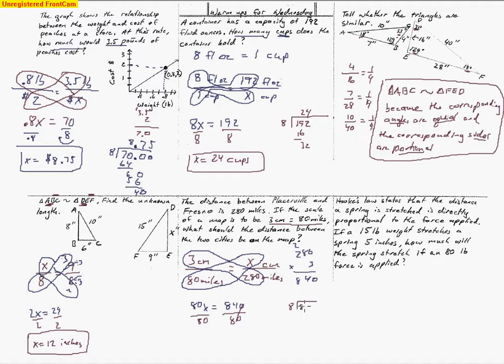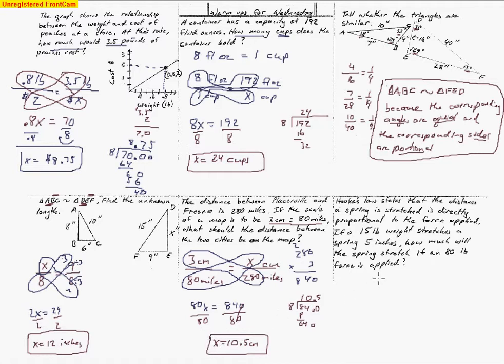So let's go ahead and do that. 8 goes into 8 one time with nothing left over, and 8 goes into 4 0 times. And so I'll add that decimal point, bring a 0 down, and do 8 into 40, and that goes 5 times. So 10.5 centimeters is the distance on the map that we'd want to draw it if we were drawing a map ourselves. And so there's number 5.